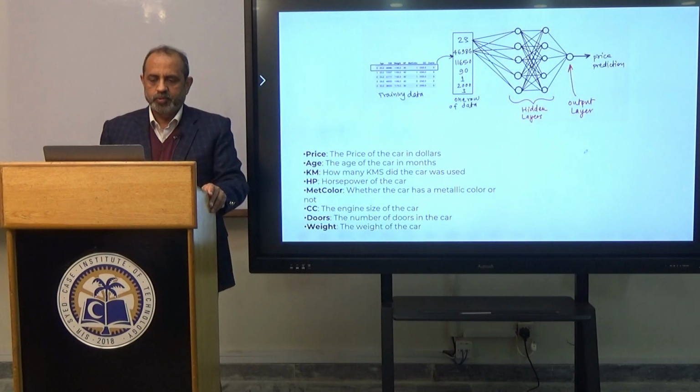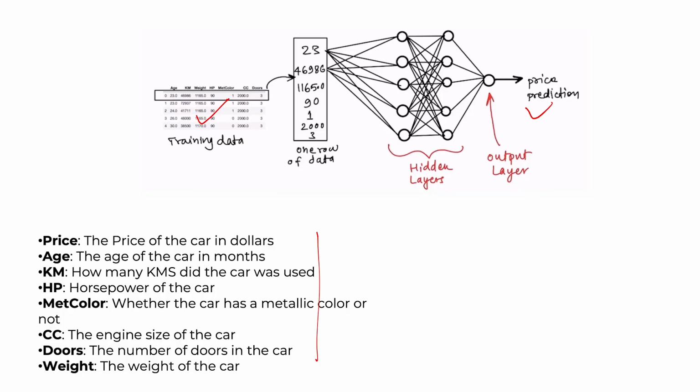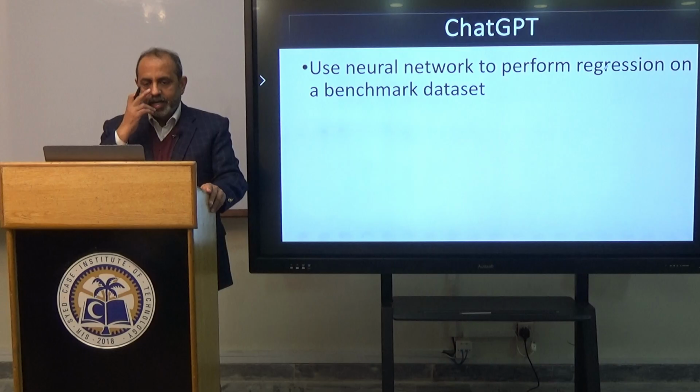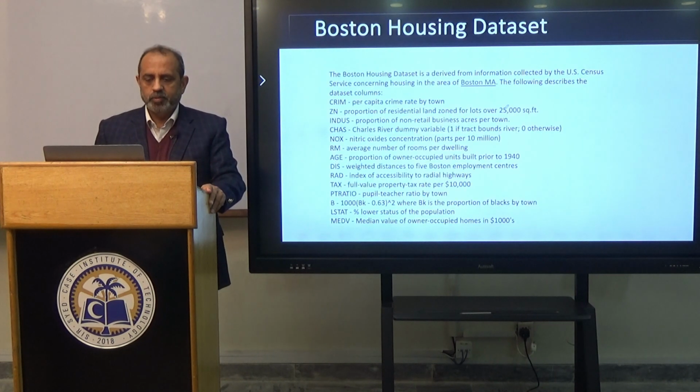Okay. So for example, car price: you have many features and you have a lot of data for the training. And now, based on the model and the year and the engine and the type and this and that, I'll just give you a value. So I asked ChatGPT to train me a neural network to perform regression on a benchmark data set. Usually whenever you ask it, it'll take the Boston housing data set.